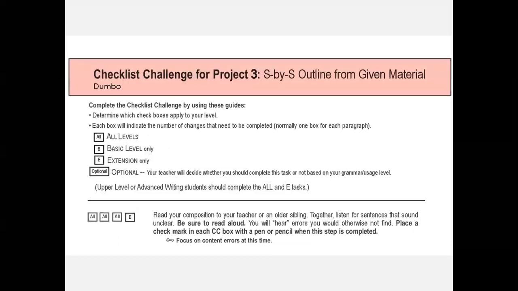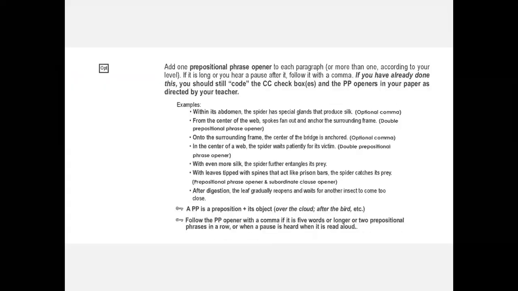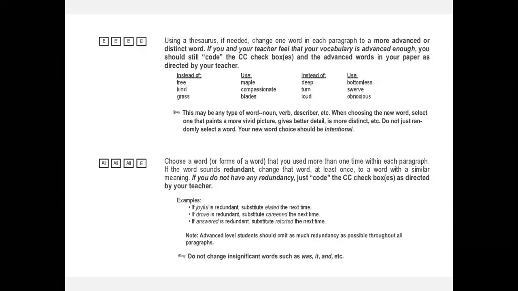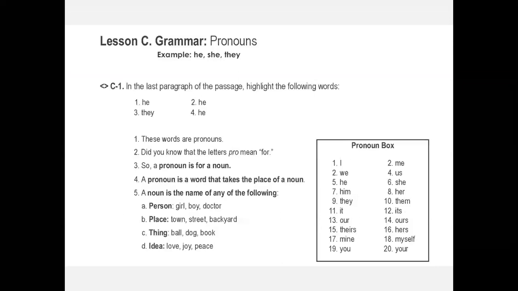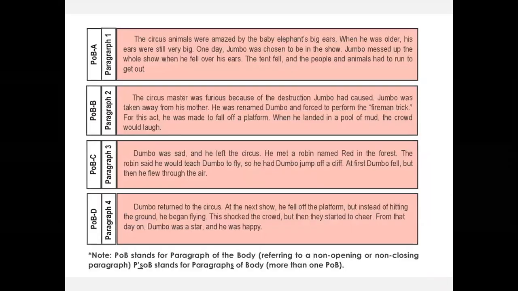There are some other lessons in there. And then I have stuck in here just for you the checklist challenge that goes with this. Because in addition to teaching you how to choose and get sources and teach your kids to outline from the source that you gave, I also want you to have a free lesson where I gave you the source that's appropriate for 4th, 5th, and 6th grade.